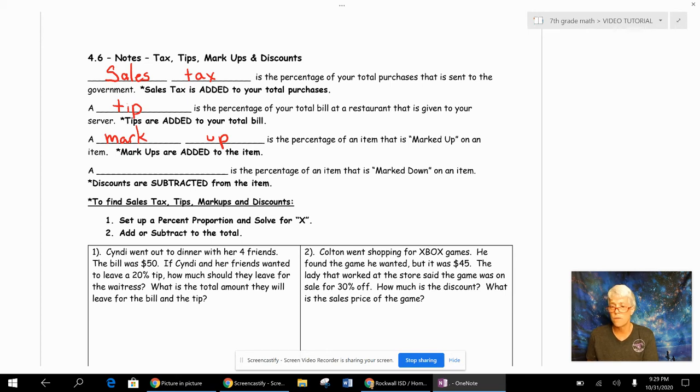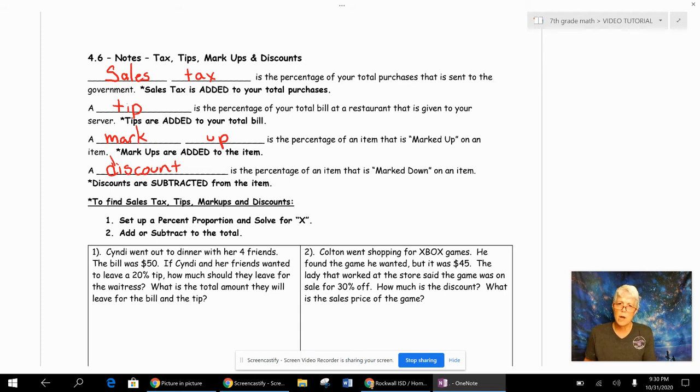They probably bought it for $5 or maybe even $3, and they marked it up before they sold it so that they can make a profit off of it. And then a discount is a percentage of an item that is marked down. So that would be your typical percent off or a coupon or something like that. That would be a discount.